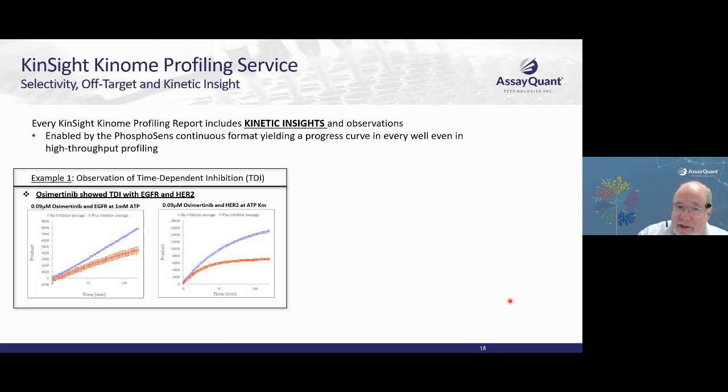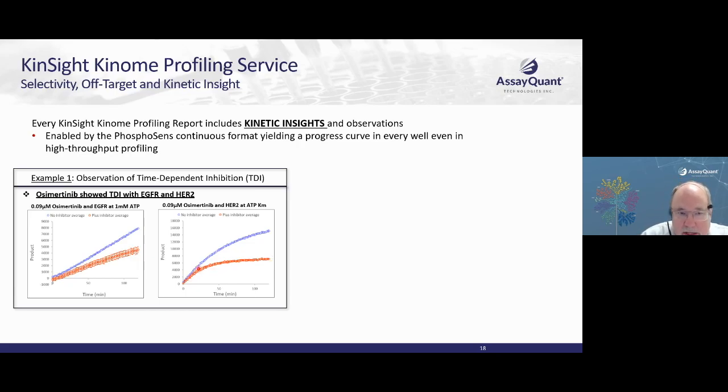Those come in typically two flavors that we're most excited about. The first one is, of course, if you add 90 nanomolar osimertinib to EGFR at KM, you can actually see the activity falling off, even with that one concentration across the full panel of 400 some enzymes.